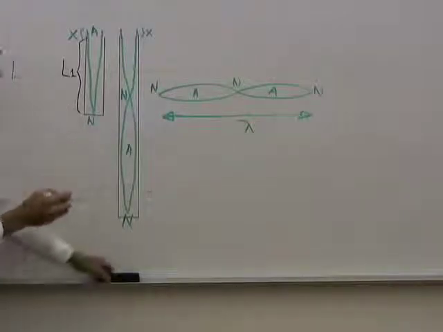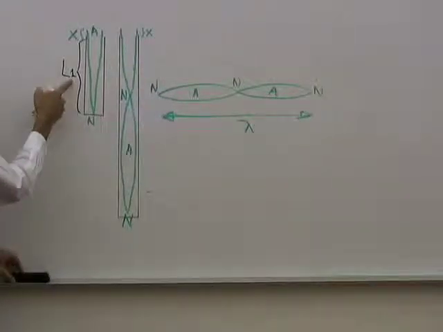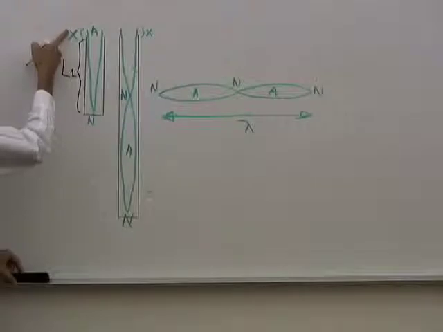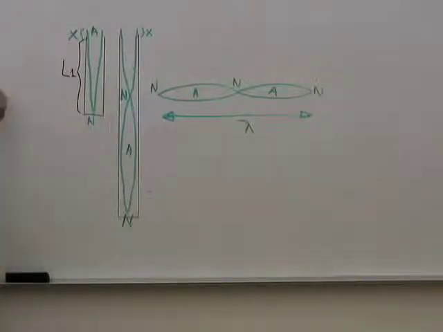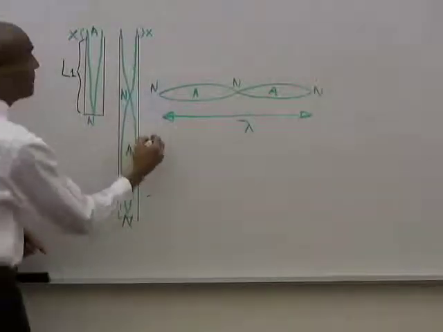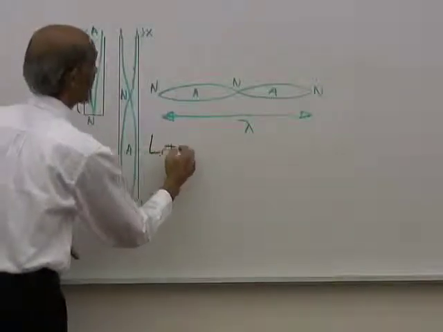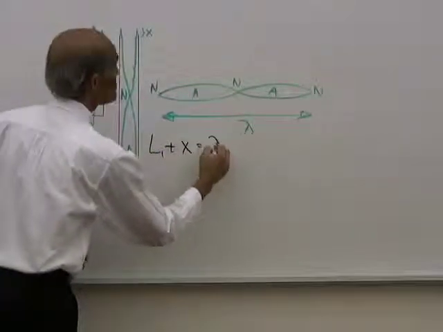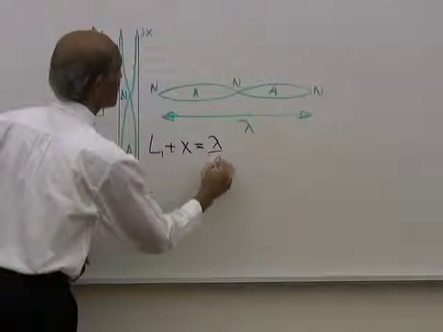And so we can say this L1 plus X will be a quarter lambda. I'm going to write it out here: L1 plus X equal to a quarter of the wavelength.